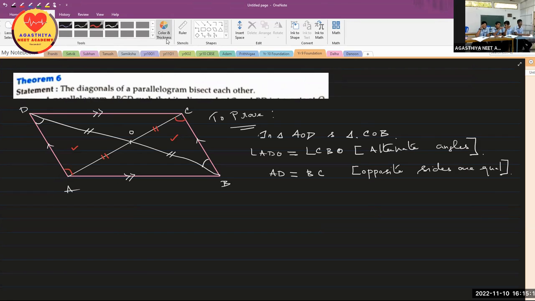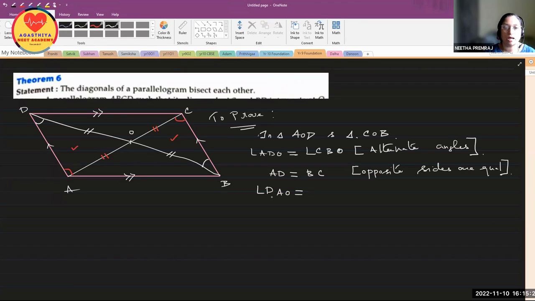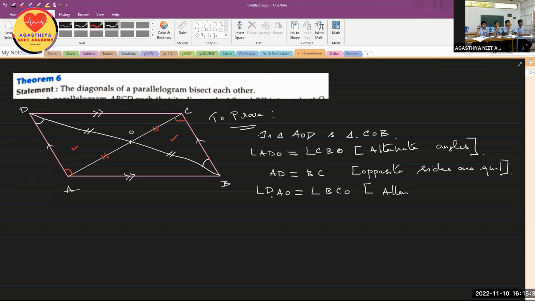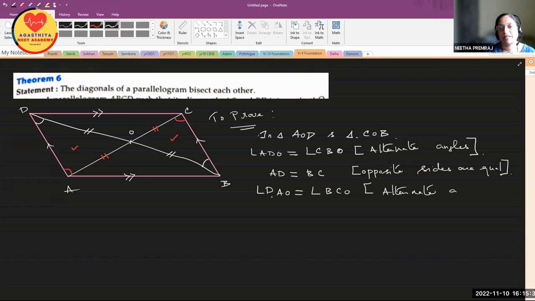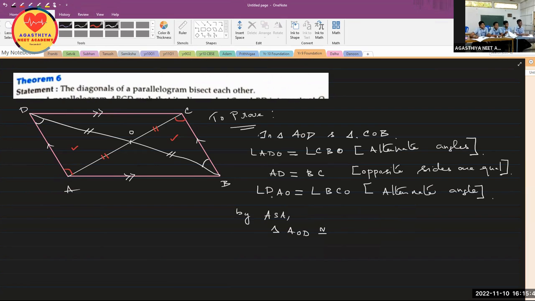So you can write angle DAO equal to angle BCO. The reason is alternate angles. இப்ப சொல்லுங்க என்ன criteria they are congruent? Very good. By ASA, triangle AOD is congruent to triangle COB.